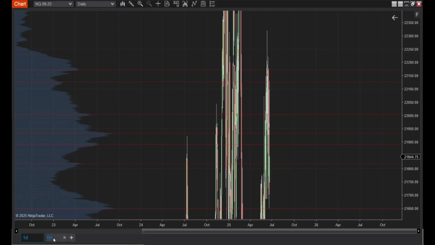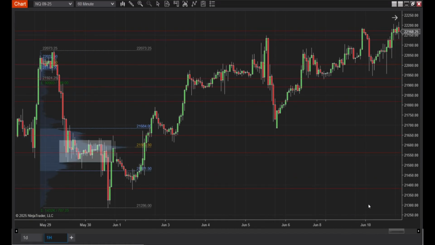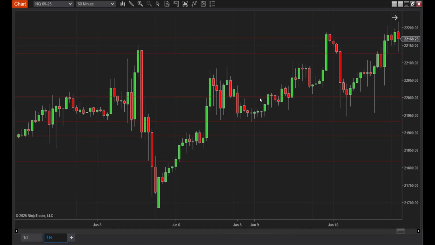Let's just jump to our hourly chart and right to the 100 area. Here are our levels. And you can see price got to this one here, it hung around, it came up.